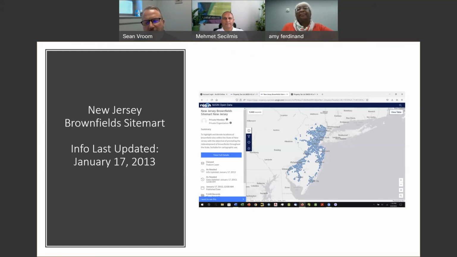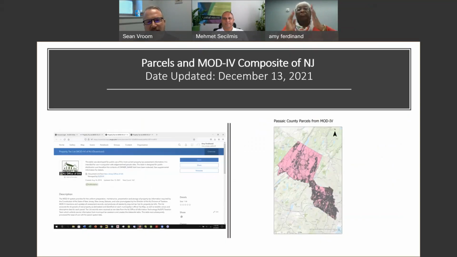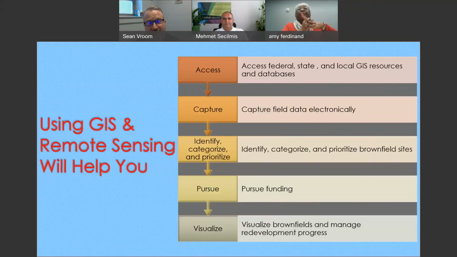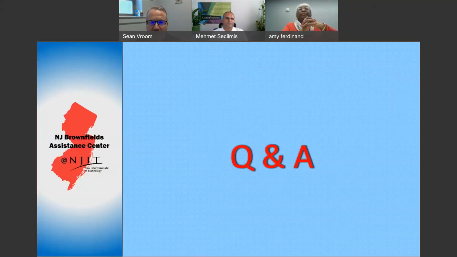And I think the other thing too is that NJDEP also has a list of contaminated sites. It doesn't necessarily mean that all of the sites included on that list are labeled as brownfields, because, like I said, they may still be actively utilized as a gas station or whatever their end use was.